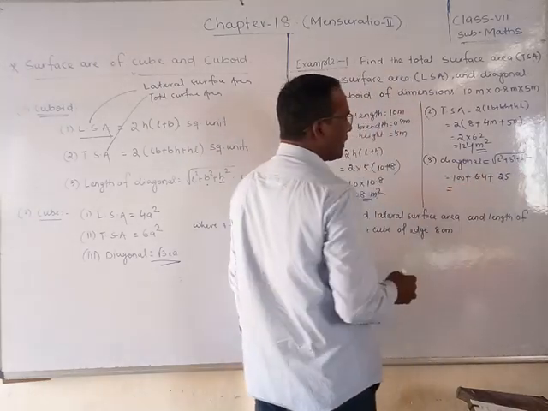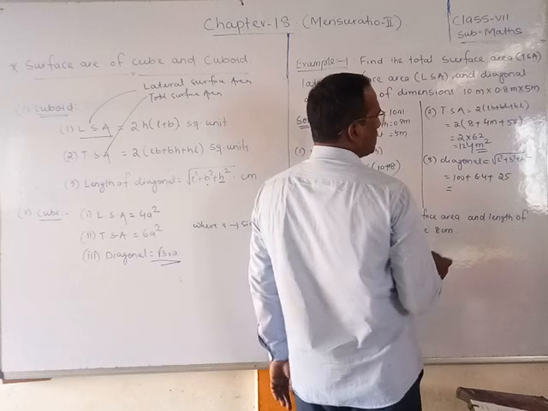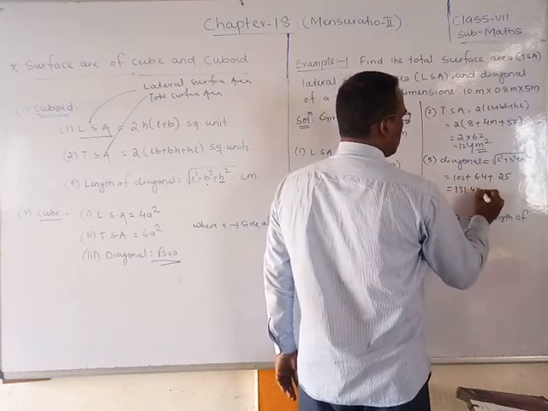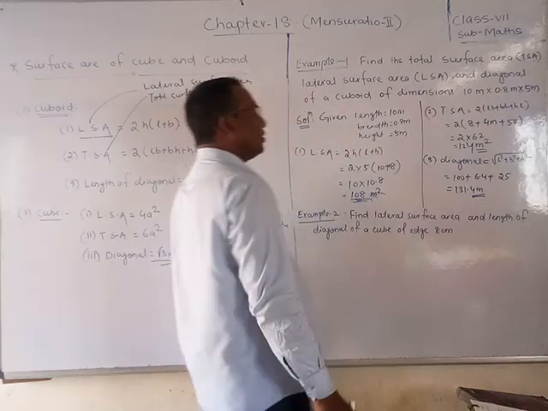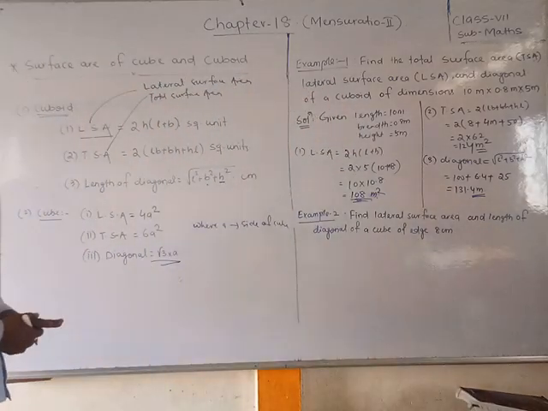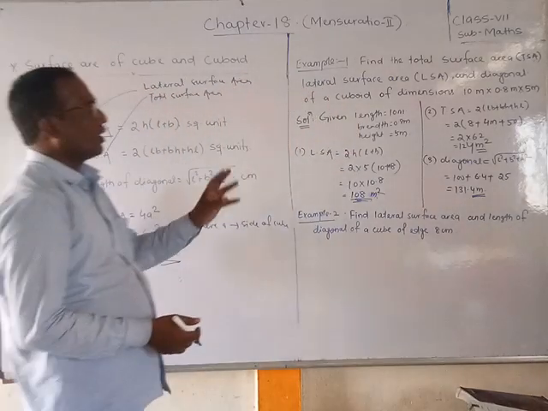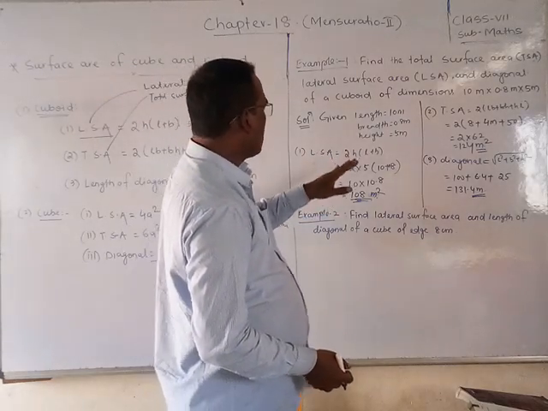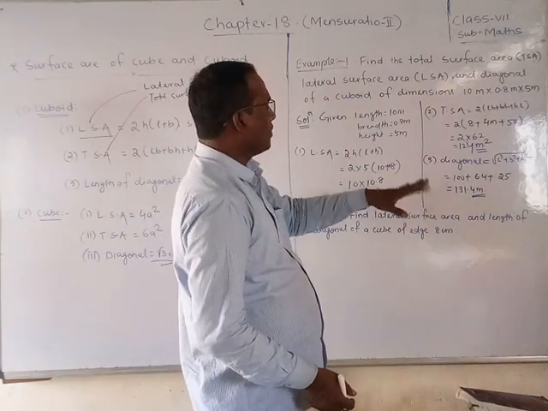Adding that, we get 125.64, root over meter, because it is a diagonal. I hope you have understood how to find the total surface area, lateral surface area and the diagonal.